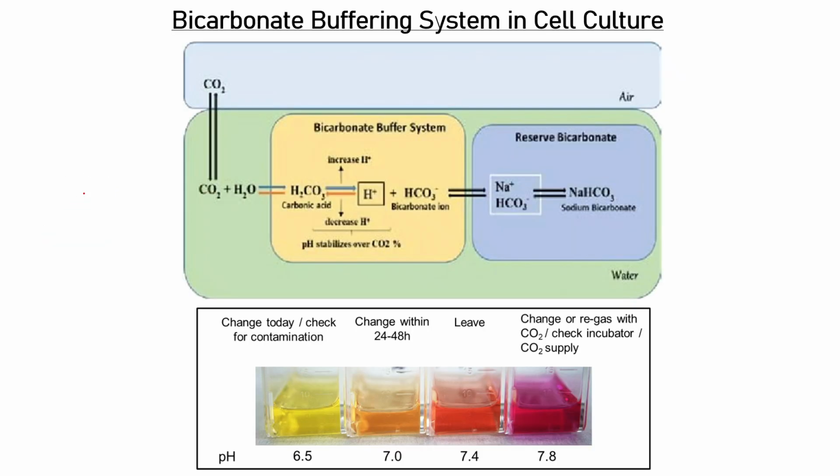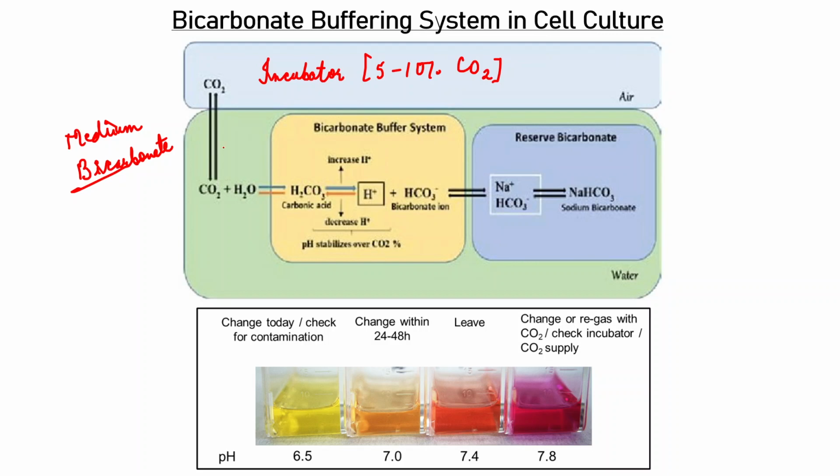So I'll explain the CO2 or the bicarbonate buffering system now. So here what happens is your incubator will have somewhat 5 to 10% CO2, and the medium that you have provided to your cells will have your bicarbonate.